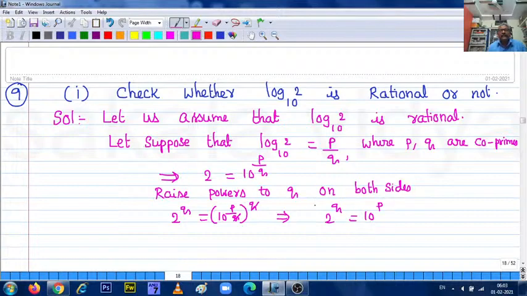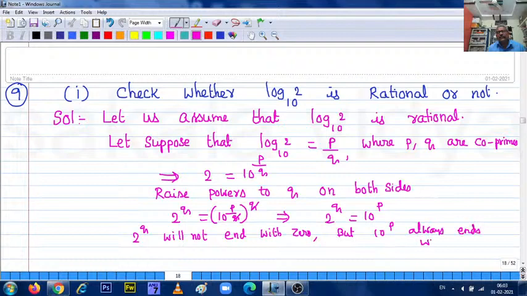So that means, see, 2 to the power of Q will not end with 0, but 10 to the power of P always ends with 0. So 2 to the power of Q does not equal 10 to the power of P. It cannot be possible.